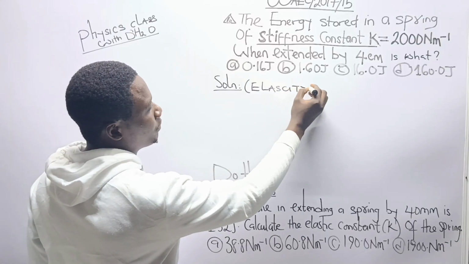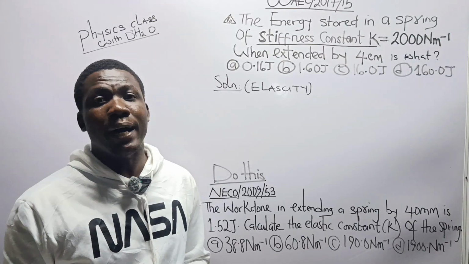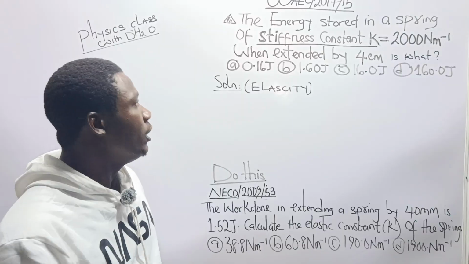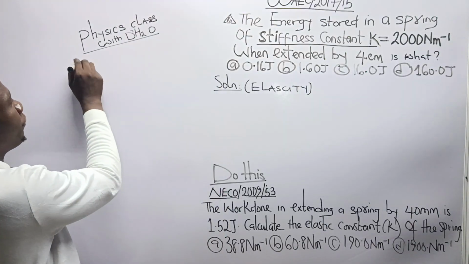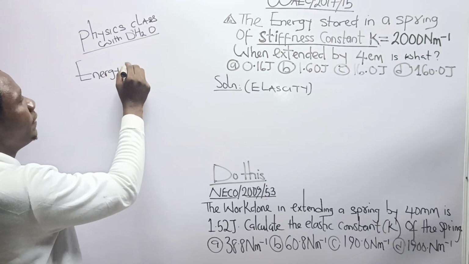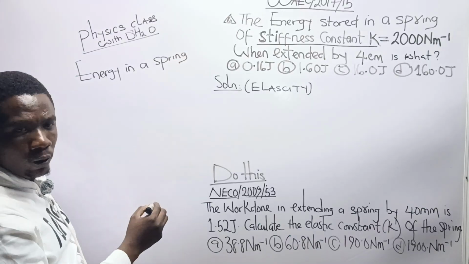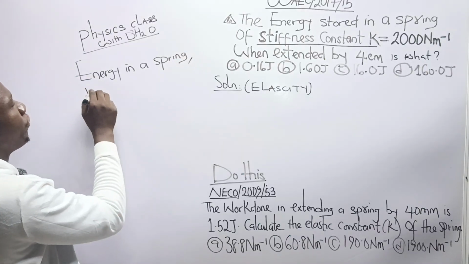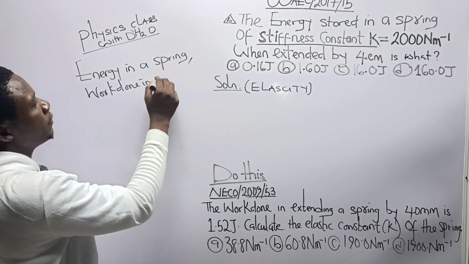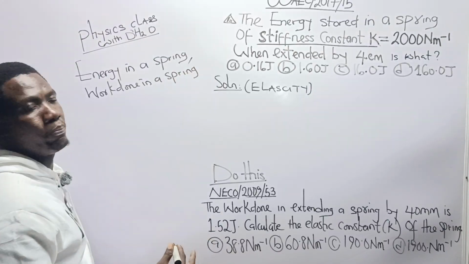Take note of that. Now, in elasticity, you can be told to calculate for the energy stored in a spring. Yes, they can ask you to calculate for energy in a spring, or they can ask you to calculate for work done in a spring, or the work done by the spring.